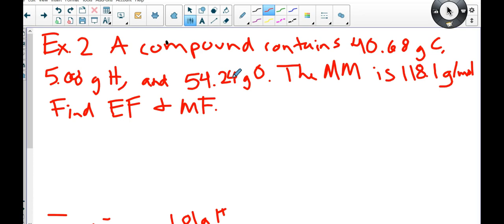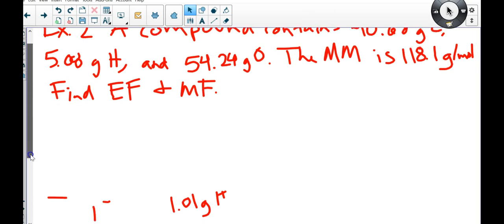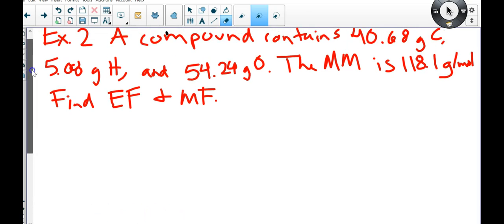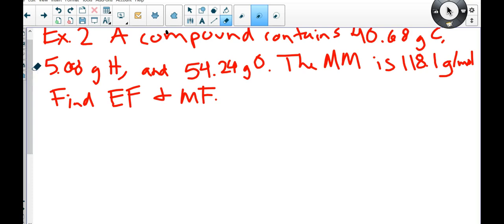Okay. So if I go ahead and kind of scroll just a little bit, take care of this craziness here. This one's good because it does have 3 elements, so I'm going to write these 3 things right on top of each other. 40.68. So percent of mass is already done.